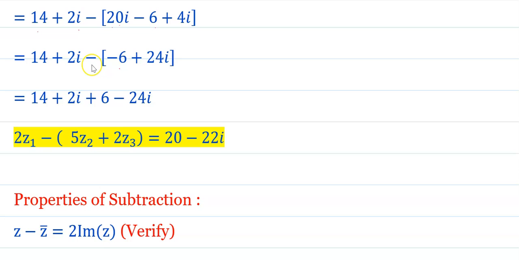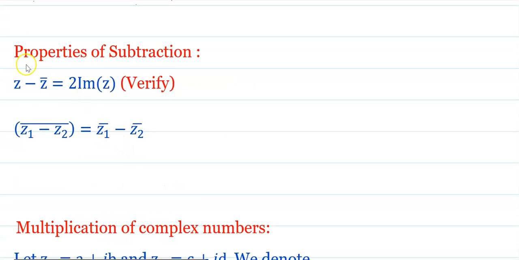As there is a minus sign outside the bracket, the sign will change. Minus will become plus, plus will become minus. Again, collect the real numbers. 14 plus 6, you will get 20. 2I minus 24I, you will get minus 22I. And hence, this is the value of this expression when Z1, Z2, Z3 are given.